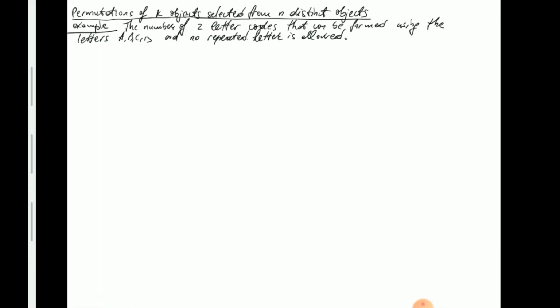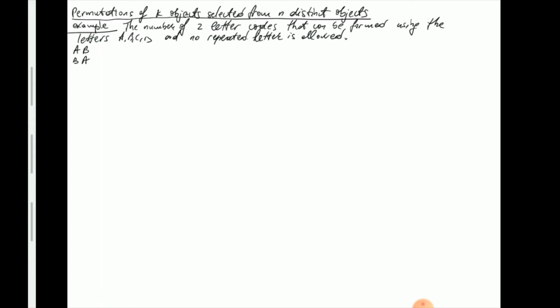All right, so let's actually do this directly. Let's form these letter codes and then count them. Now notice that when I say the letter codes, and the only restriction is that no letter is used more than once, I actually include the possibility of different orderings of these letter codes. So let's write them down using the letters A, B, C, D. Basically the codes that can be made are AB, BA.